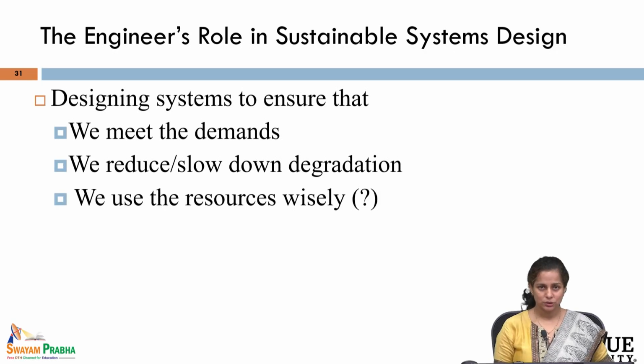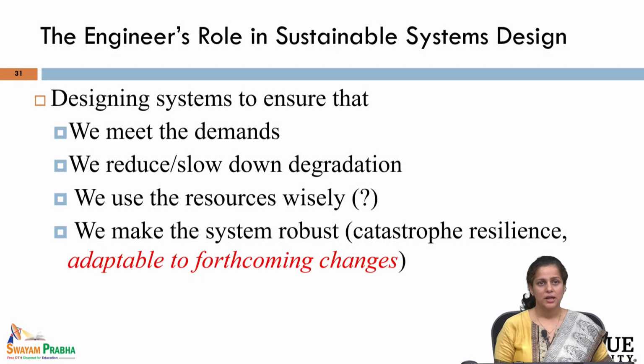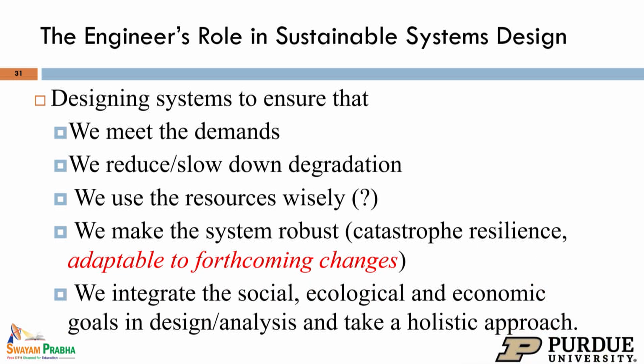We use the resources wisely, which is both the economic and the ecological sustainability paradigm. We make the system robust, which is another aspect of sustainability, adaptable to forthcoming changes. And last, we integrate the social, ecological and economic goals in design analysis and take a holistic approach.